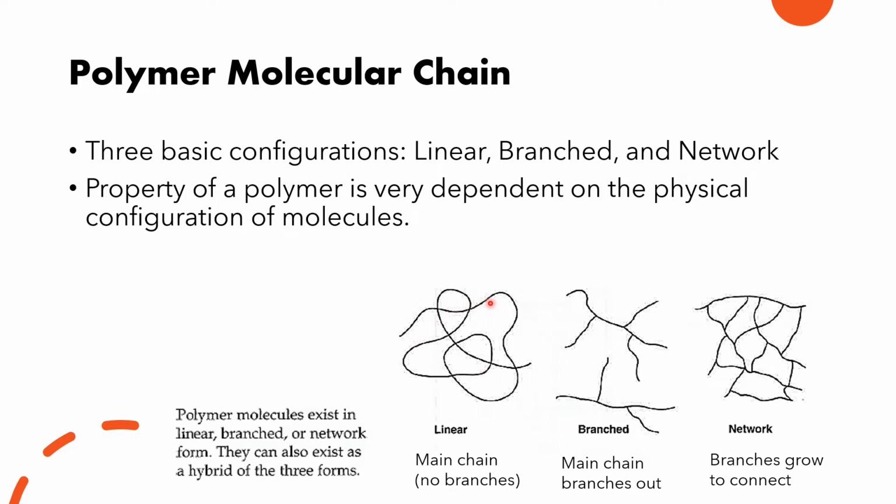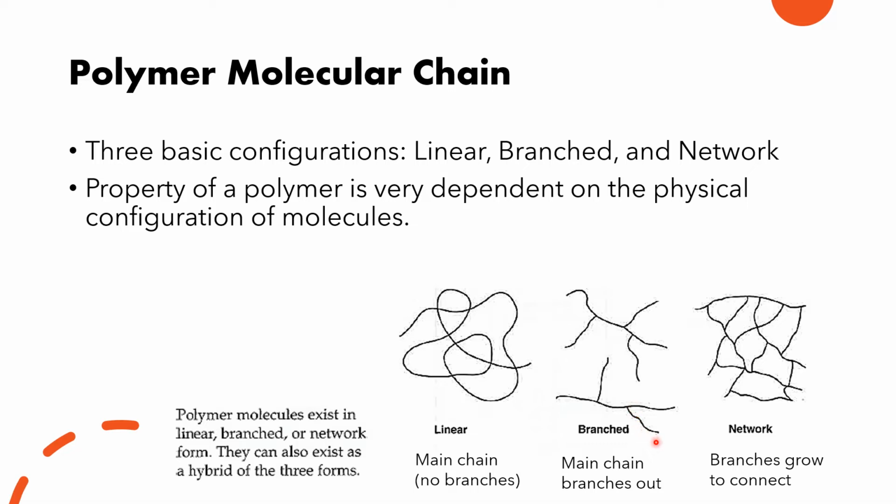So linear configuration, see how it goes linearly. The main chain has no branches. For branch configuration, you can see the main chain, see here the branches.